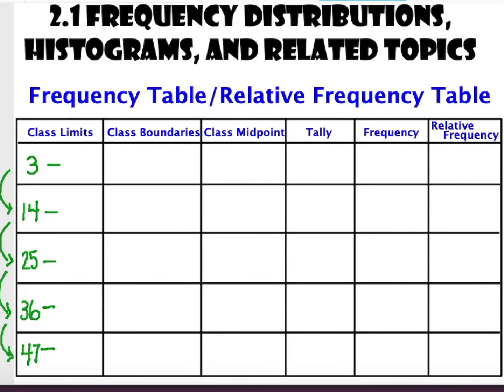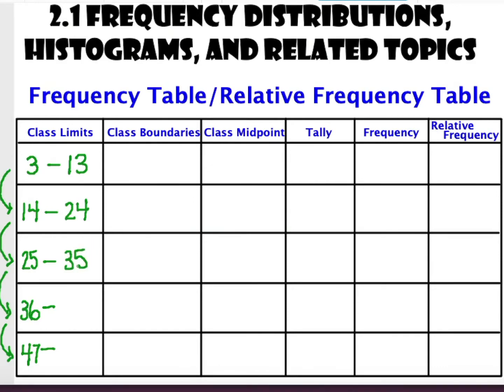All right, and I don't want these classes to overlap in any way. If I have somebody with 14 electoral votes, I want to know exactly which class it goes into. So this first class is going to go from 3 to 13, and there's no question. The next one is going to go from 14 to 24. I'm just looking at this next number to decide what my upper bound is there.